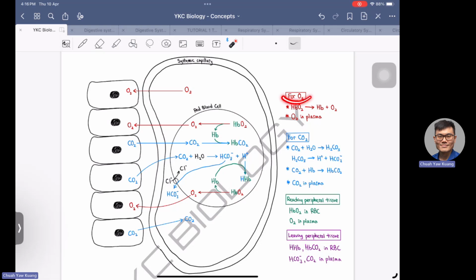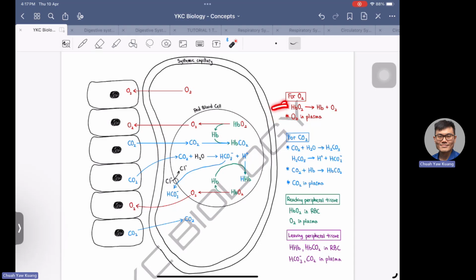For the transport of the oxygen in the peripheral tissue, it involves the unloading of the oxygen into the peripheral tissue. And this unloading process will normally involve two pathways.